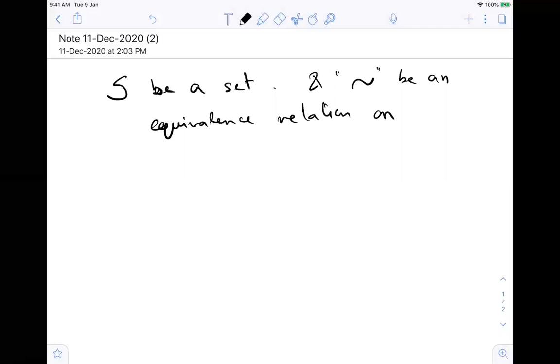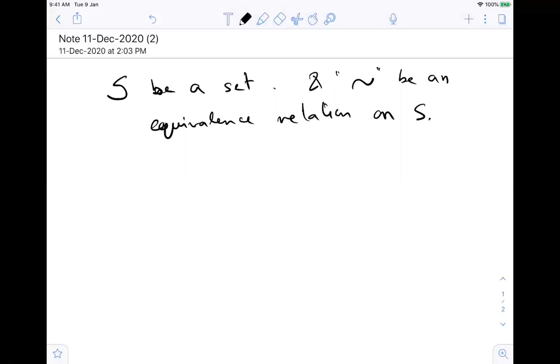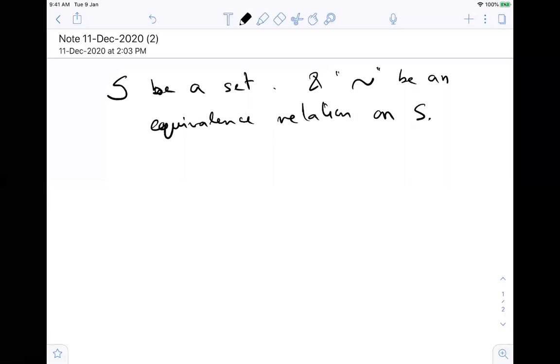Now, this is a theorem. Maybe we should start with the definition. What is the definition?